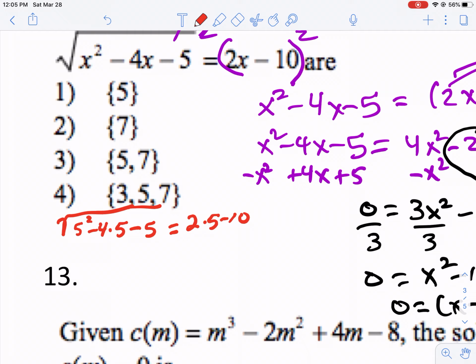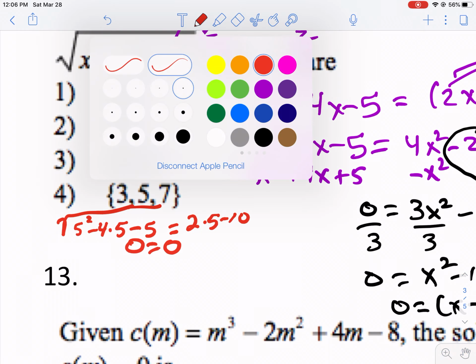I'll do it all at once here. The square root of 5 squared minus 4 times 5 minus 5 gives me a 0. And 2 times 5 is 10, minus 10 is 0, so 5 definitely works.